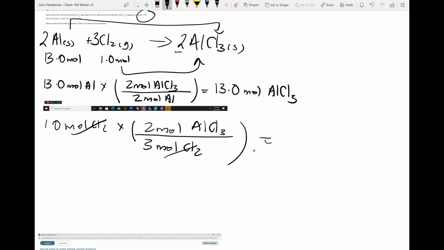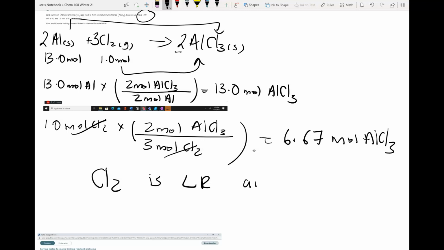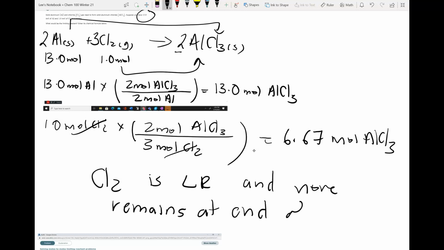So that's going to be 6.67 moles of AlCl3. 10 times 2/3, right? 6.67 mole of AlCl3. So what that means is that Cl2 is the limiting reactant and none remains at end of reaction.